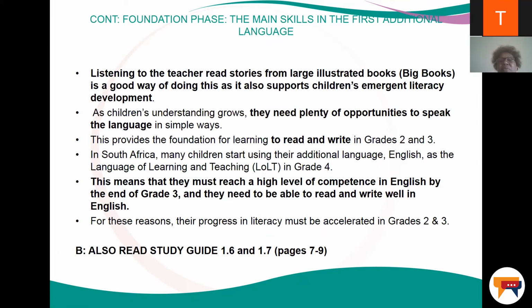Big books is a good way of doing this, as it also supports children's emergent literacy development. As children's understanding grows, they need plenty of opportunities to speak the language. Remember, you are developing the skills of listening, speaking, reading, and writing. These you find in the study guide from page 7 to page 9.